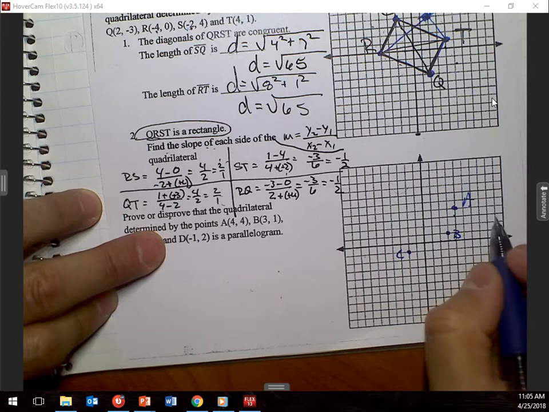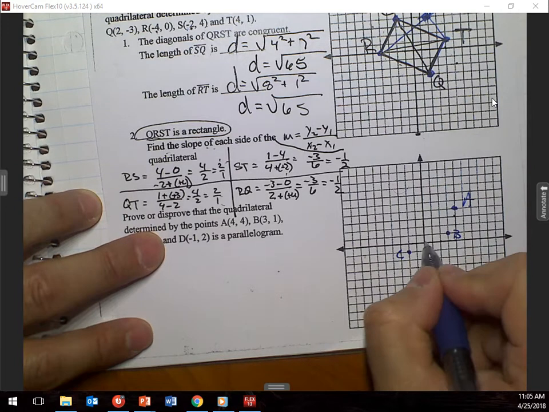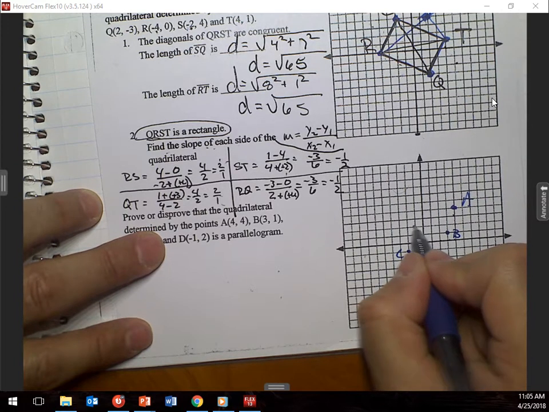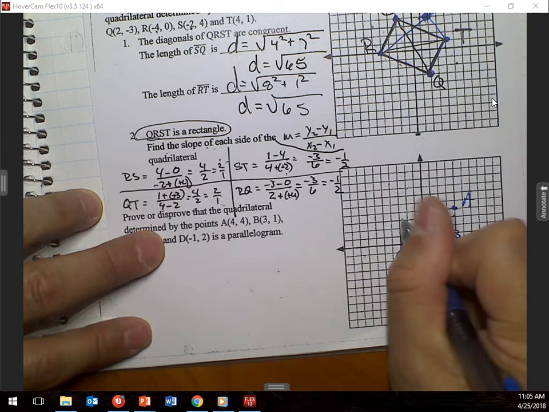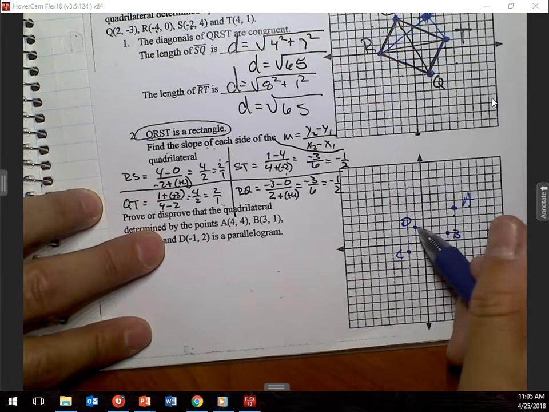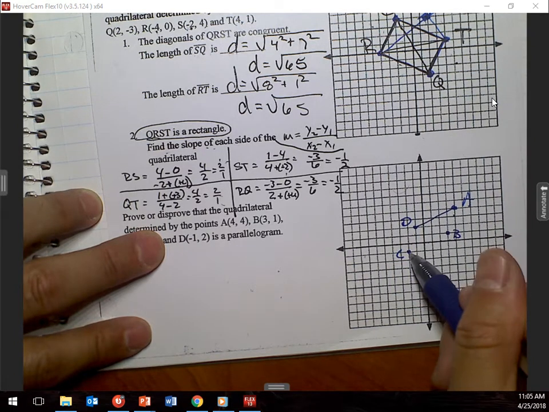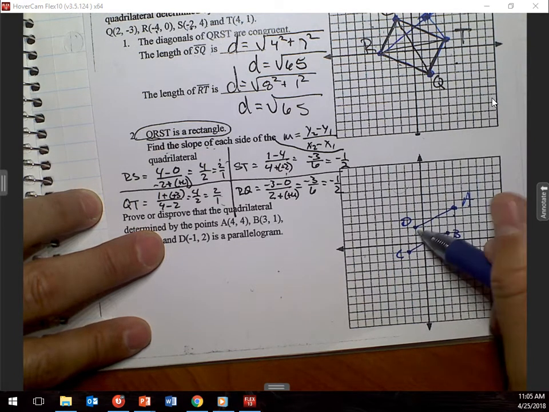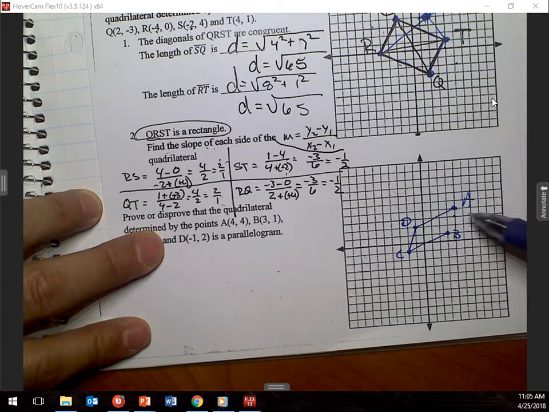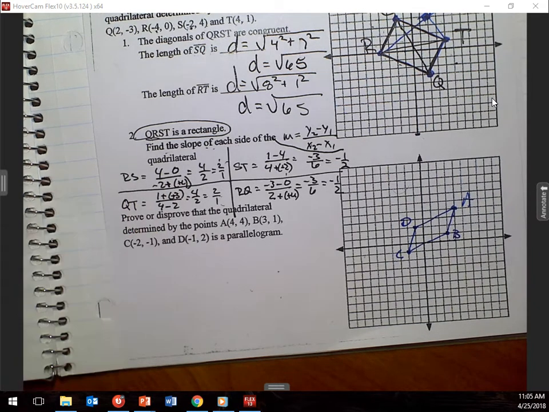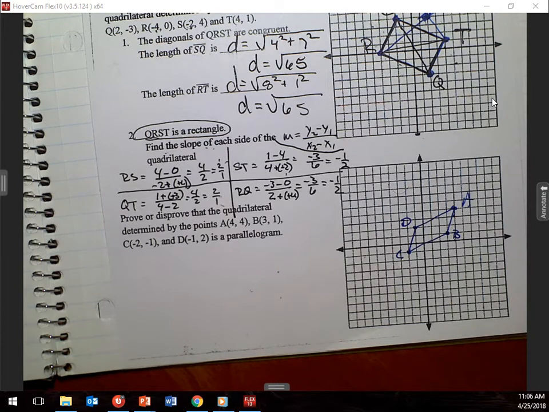And D is at -1, 2. What kind of shape is this? I'll let you guess. Very good. Parallelogram. It's supposed to be, but we have to check to see if it is.